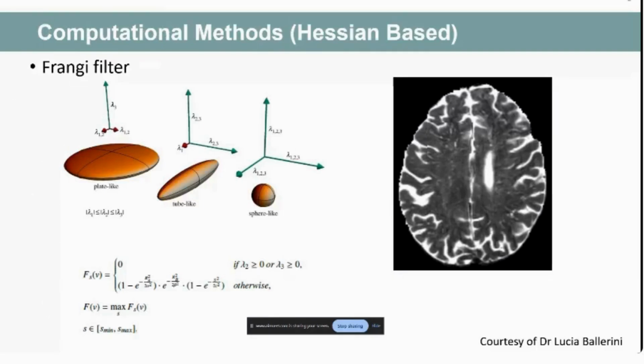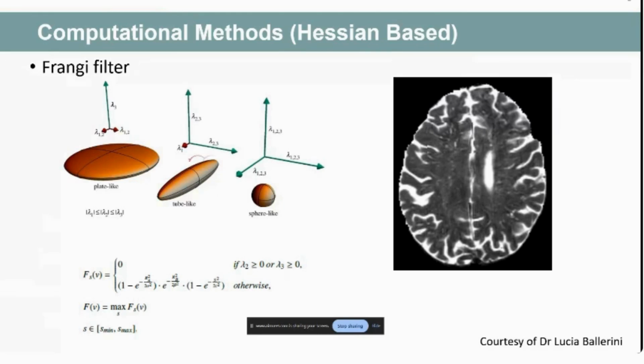So we're trying to move to more computational methods. In the group, Lucia Ballerini proposed to use a filter called the Frangi filter that looks at tubular objects in 3D images. What it actually does is use the Hessian of the image, and using a combination of the features of the Hessian at different scales can tell you if a voxel is likely to be a PVS or not.